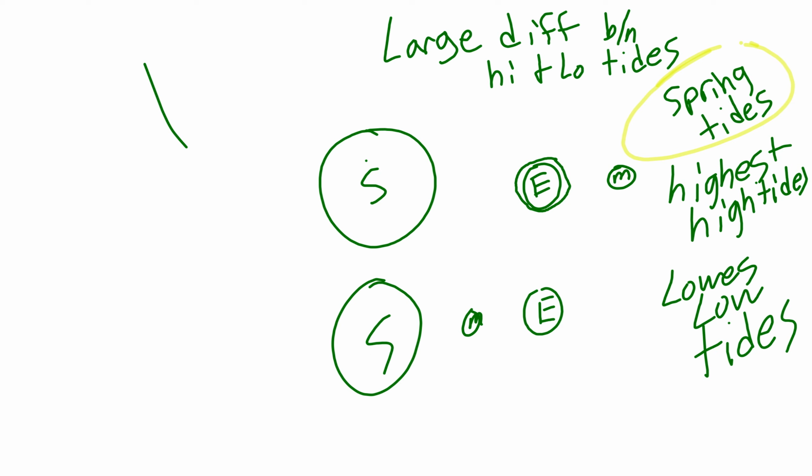So spring tides are your highest high tides and your lowest low tides. As a result, you have the largest difference between high and low tides.